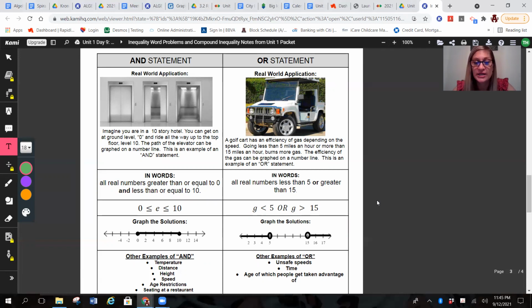So how do we write it as an inequality? It would be E for elevator's path is greater than or equal to 0 and less than or equal to 10.